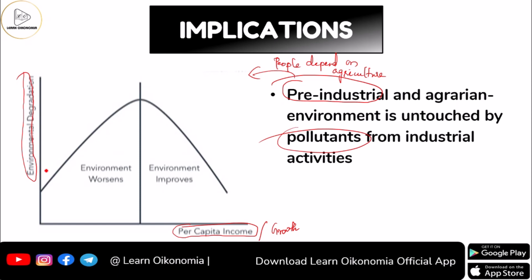Whenever you are in the initial stages, you will be moving from this particular point like this. Whenever your growth increases, your pollution level or environmental degradation too increases. The curve goes like this, isn't it?